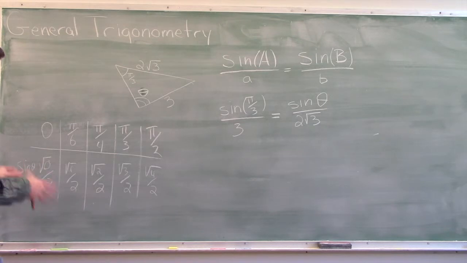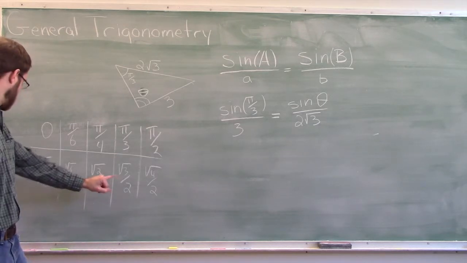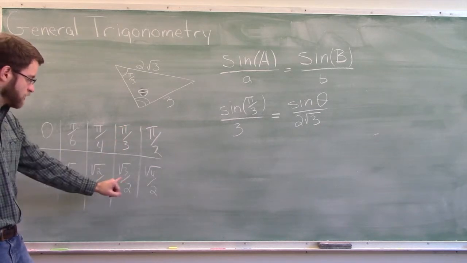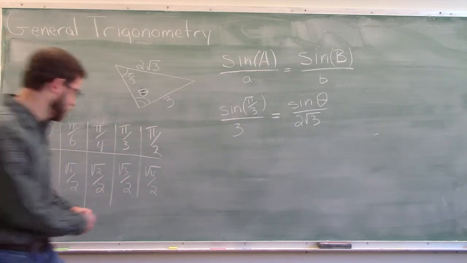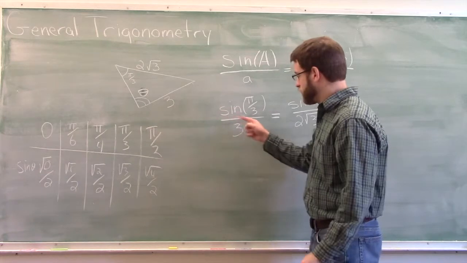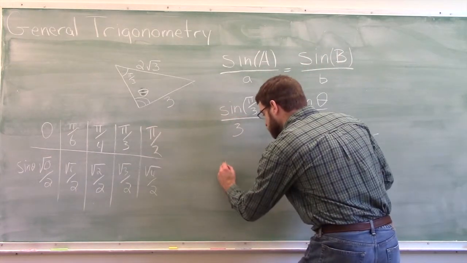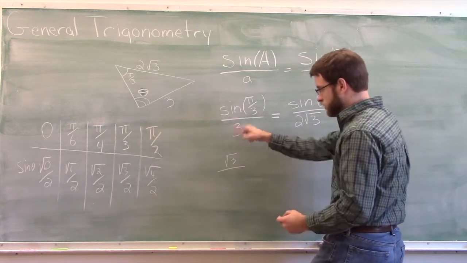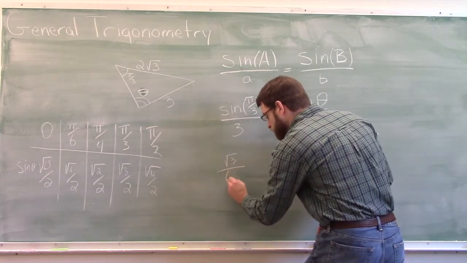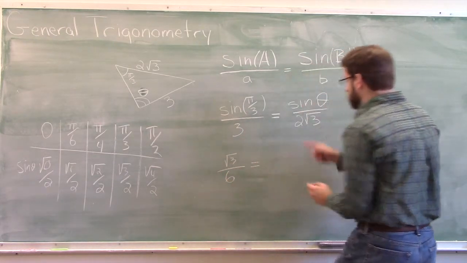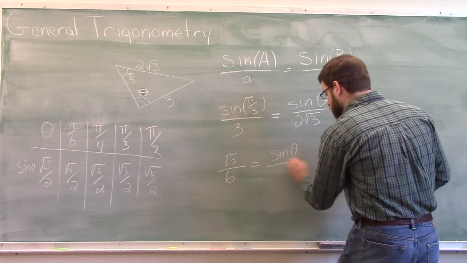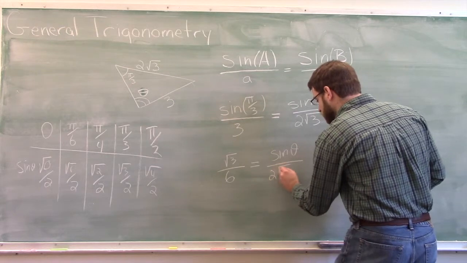Alright, so from this table we can deduce that the value of the sine of theta when the angle is pi over 3 radians is going to be the square root of 3 over 2. So we can go ahead and substitute that in. We'll have the square root of 3 over 2 in the numerator, and 2 times 3 is going to be 6 in the denominator. That's going to be equal to sine of theta divided by 2 times the square root of 3.